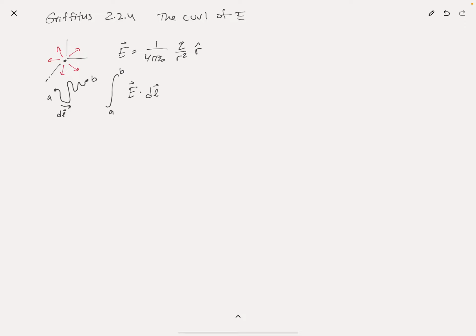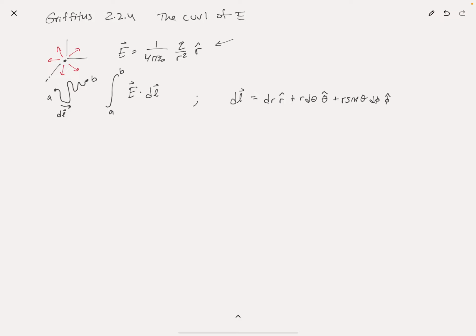I can choose to write my infinitesimal displacement dl in spherical coordinates, to match the fact that my electric field is in spherical coordinates, as some infinitesimal displacement dr in the r hat direction, plus r d theta in the theta hat, plus r sine theta d phi in the phi hat.